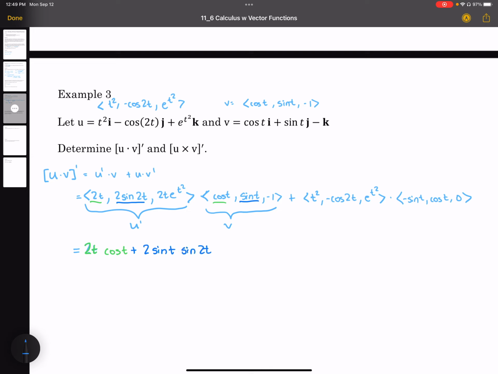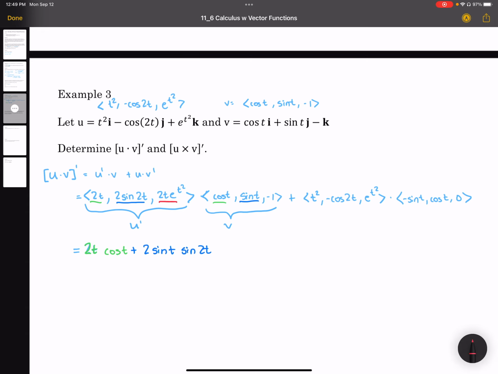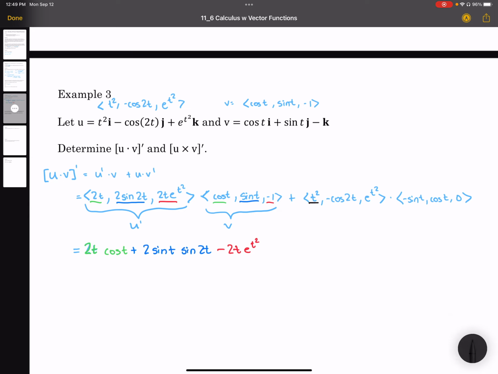Oh, I'm sorry, we're adding. And then minus 2t e to the t squared. So that takes care of that first dot product. And then for the next one, we have t squared times negative sine t. So minus t squared sine t.